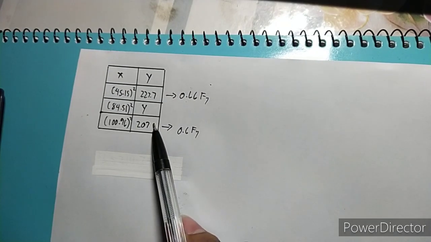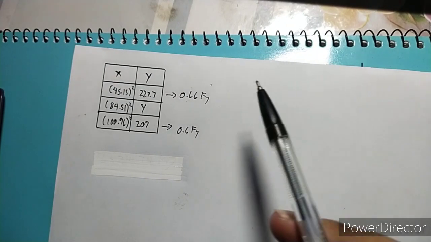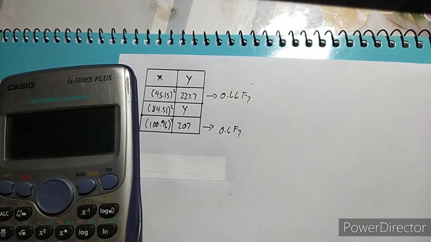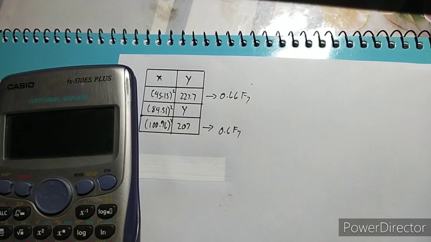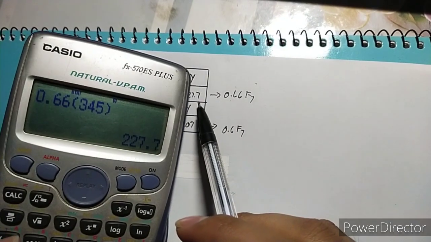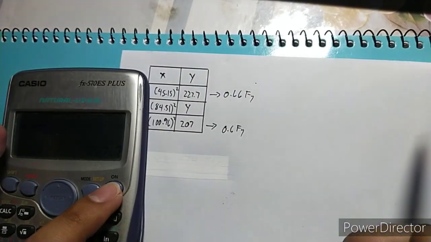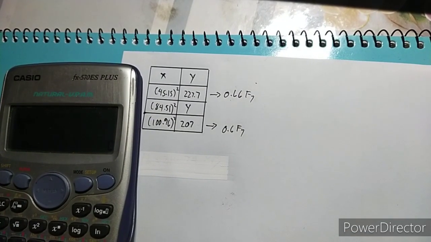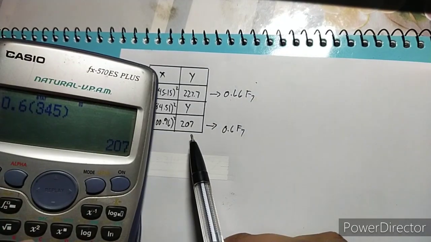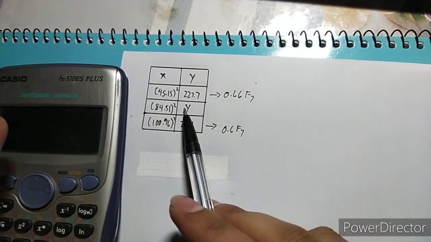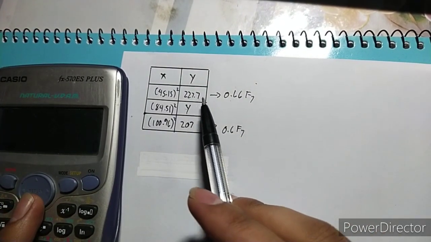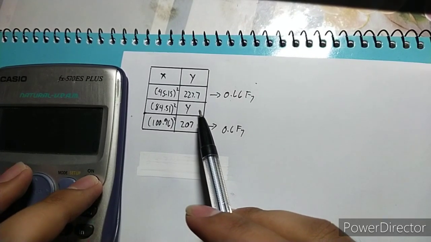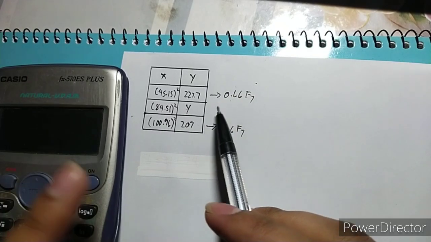And dito naman, is 0.6 Fy. So, 0.66 multiplied by 345 equal siya sa 227.7. So, next naman is 0.6 multiplied by 345 is equal to 207. So, para makuha naman natin si Y, ito na yung lalabas na FB at 6 meter span.